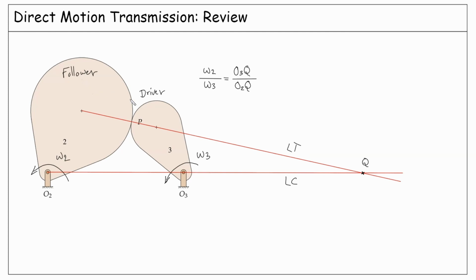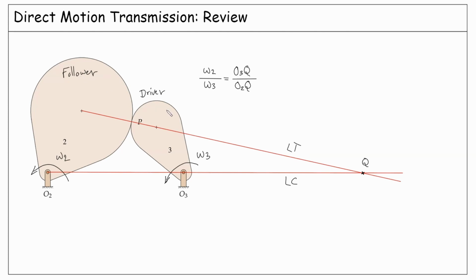Later, in one of the upcoming sections, we will see that point Q is in fact the center of rotation that we can imagine between the driver and the follower links. Meaning that we can think the driver and the follower are kind of pinned together at point Q. In other words, point Q is the center of rotation of the follower with respect to the driver.